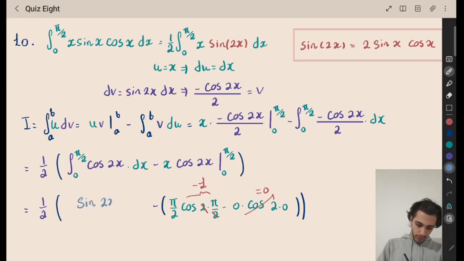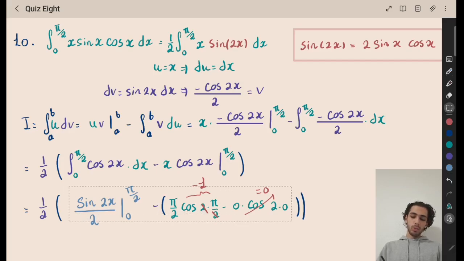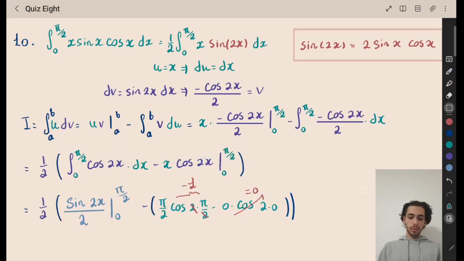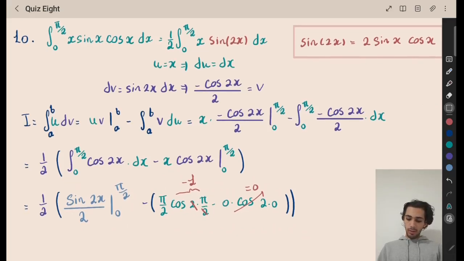It's sine of 2x divided by 2, right? You can check this by differentiating. The derivative of sine is cosine, and if you apply the chain rule, you'll cancel the 2 out with the derivative of 2x. So you get cosine. So this works. I'm glad.